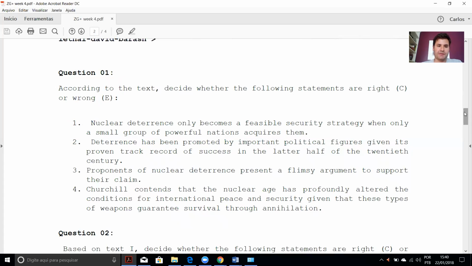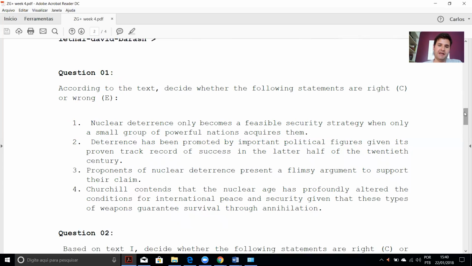Item number 3. Proponents of nuclear deterrence present a flimsy argument to support their claim. And this was more of a vocab question, and if you didn't know what flimsy meant, it would be a lot tougher to solve this question, number 3, which is of course right.